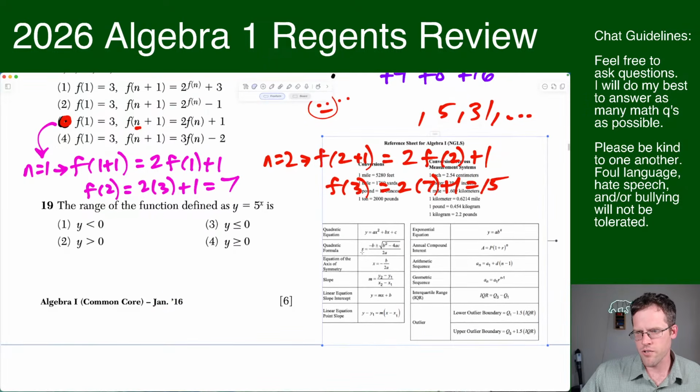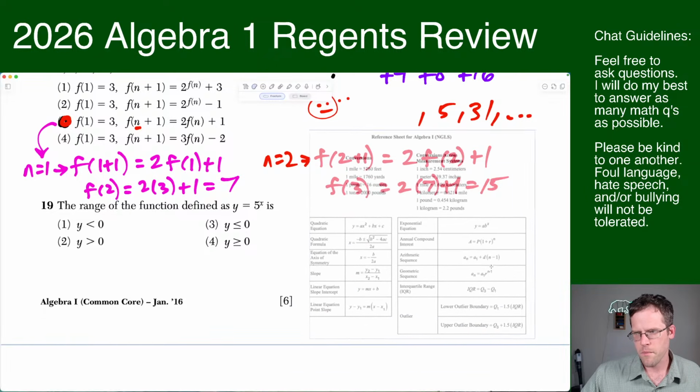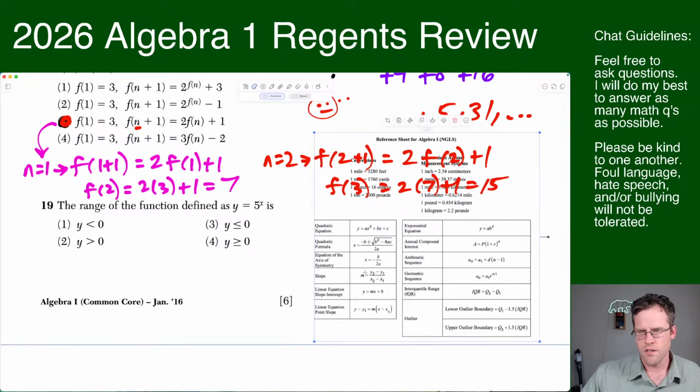All right: quadratic equation, quadratic formula, axis of symmetry, slope, equations of a line, exponential, arithmetic, geometric sequence, interquartile range, outliers, all that fun. Okay, great.